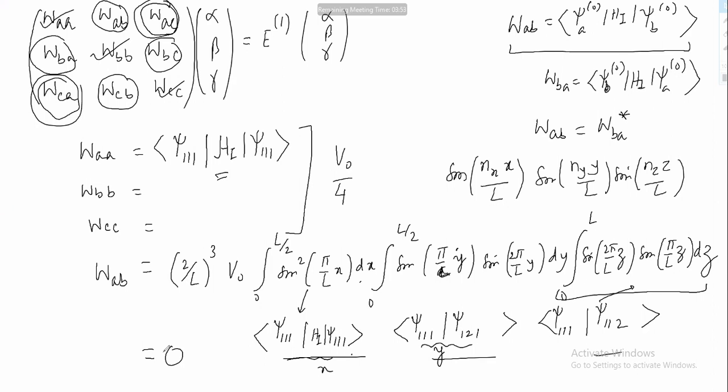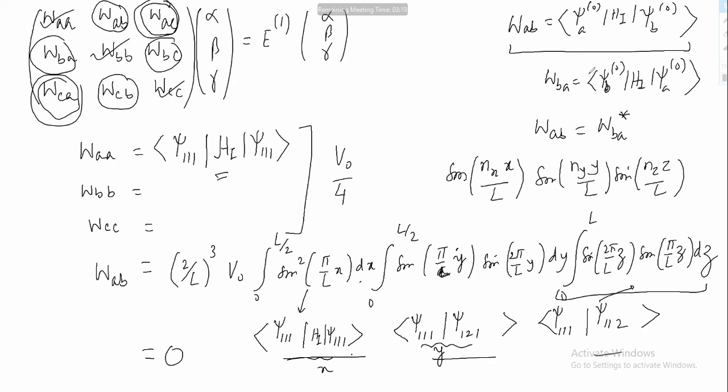Okay, this is something like the integral of sine theta sine 2 theta d theta. You work out this in the interval 0 to L. This will turn out to be 0. Now if this is not clear to you, talk about what will be WBC keeping the same analogy.